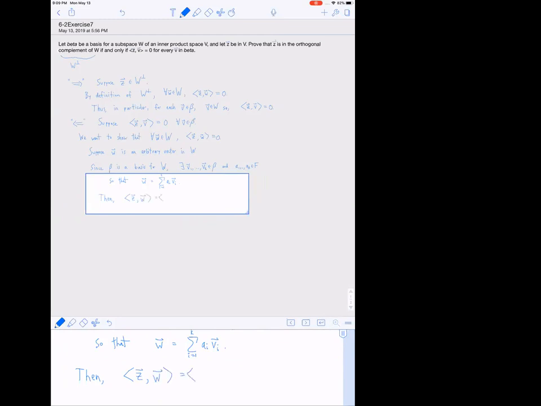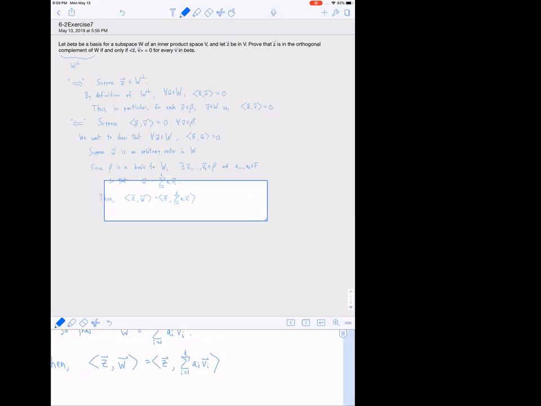Well, since W is this linear combination, we can replace W with that expression. And now we can use the properties of an inner product to break up this sum.